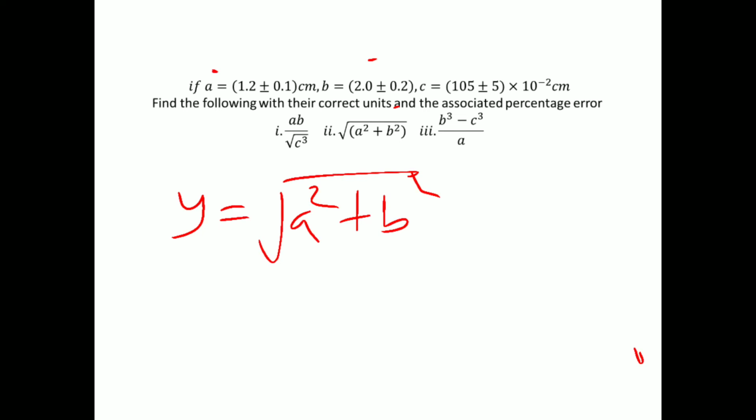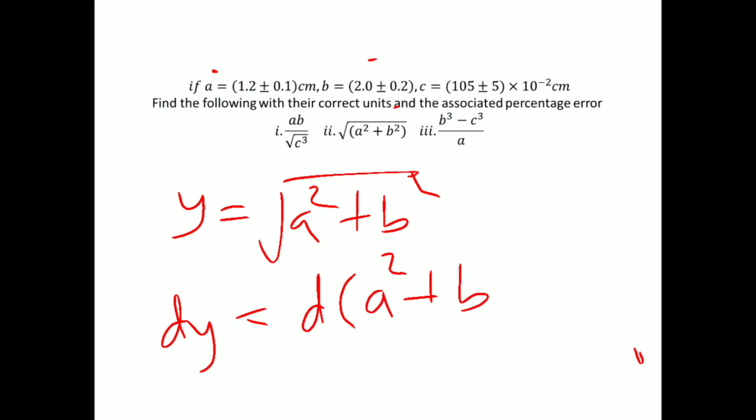So that means we can say that y is equal to a squared plus b squared all raised to power half. The square root here means raised to power half.